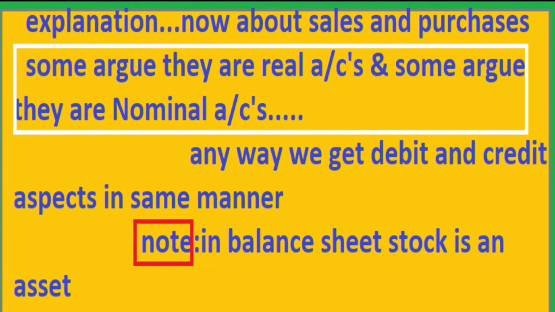Some argue that purchase of goods and sale of goods belong to real account, and some argue that they are related to nominal account. Either you use nominal account rule or real account rule, you will get the same entry. There is no problem in that, so don't get confused.